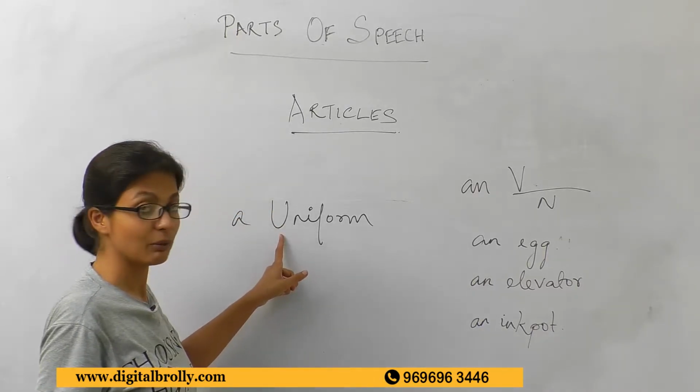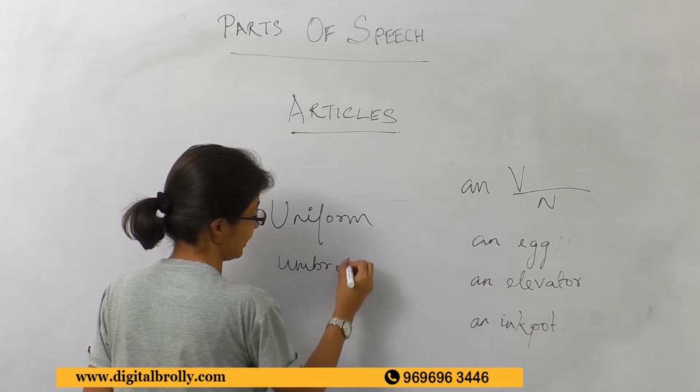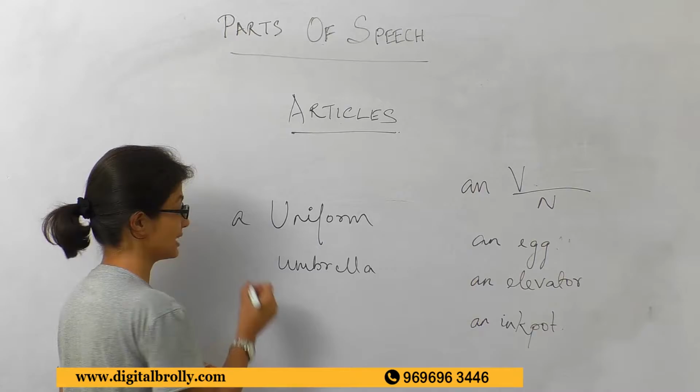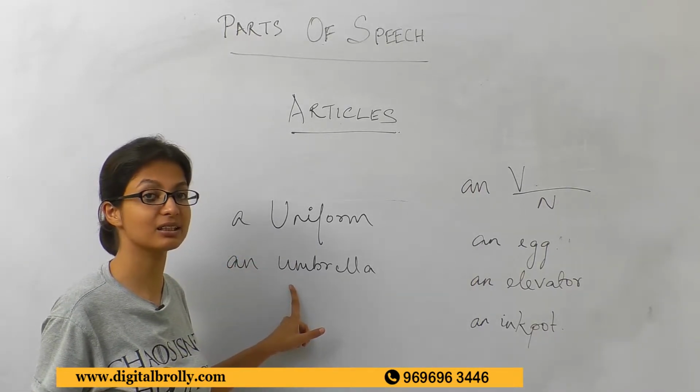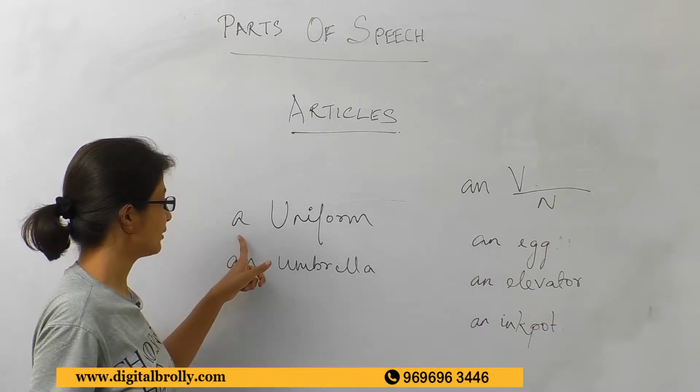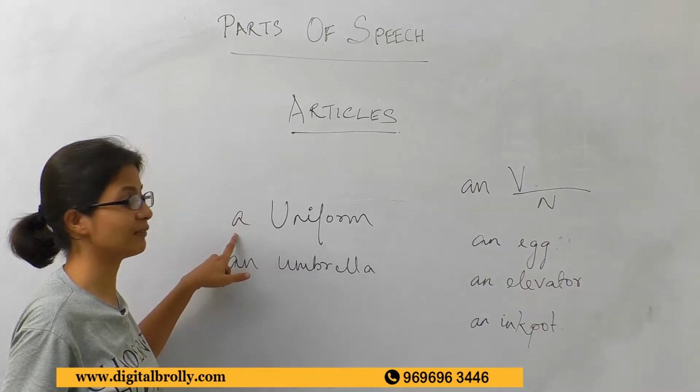However, when the vowel u is not pronounced as a complete u and has more of an u or a sound, it is an umbrella. Here, because u in uniform has the pronunciation of a complete u, you have a.